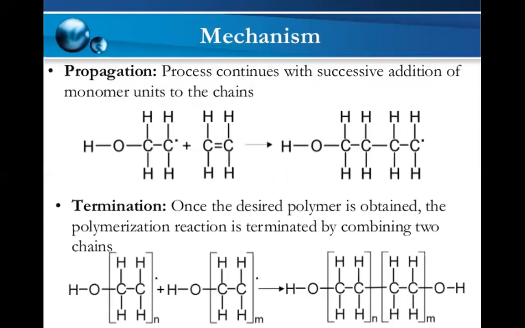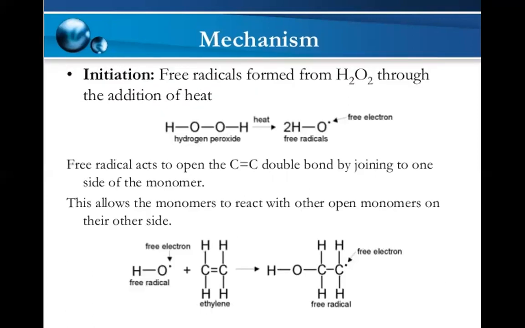Coming to the first step, the initiation step, this polymerization reaction also involves the free radical mechanism as in addition polymerization. This free radical is formed from hydrogen peroxide, H2O2, through the addition of heat. That means if the hydrogen peroxide is subjected to heat, the bond gets broken.